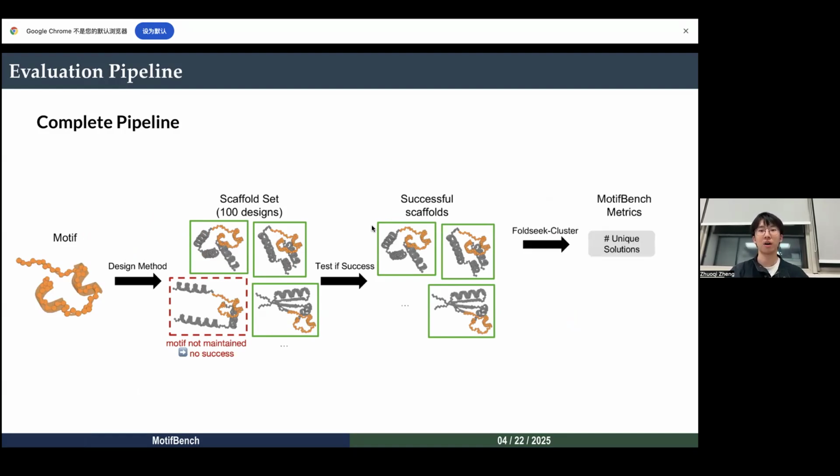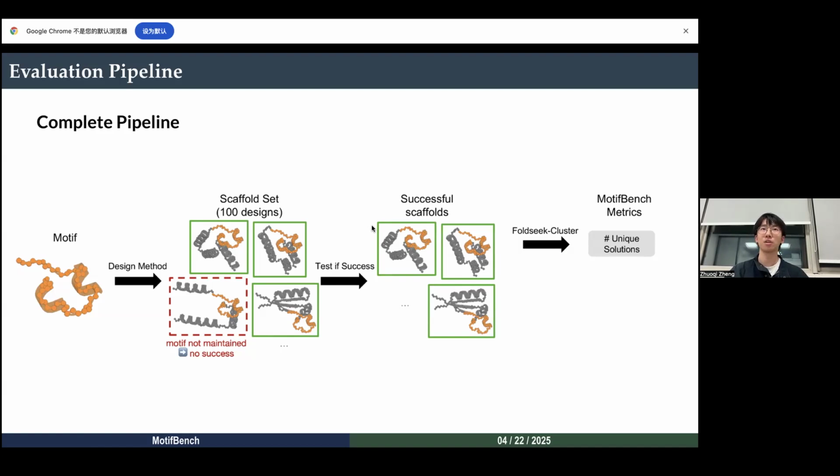First of all, we test what we call the number of unique solutions, which measures the number of clusters we detect among all the successful scaffolds. From the perspective of method development, we want to see whether these methods generalize across different topologies, or whether they only find one topology that continuously turns out to be the solution.